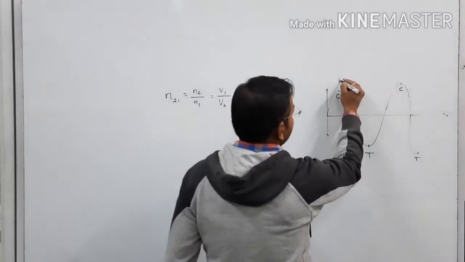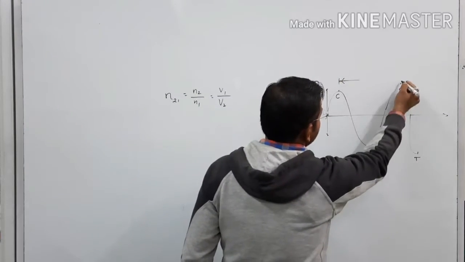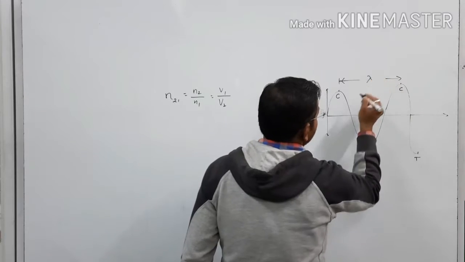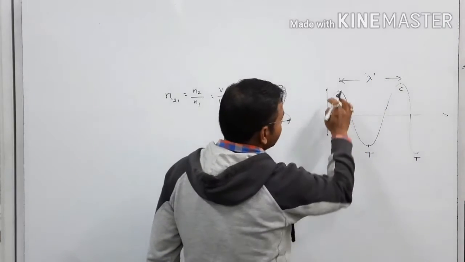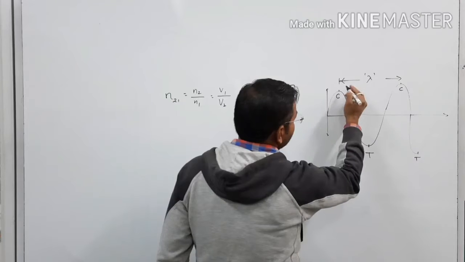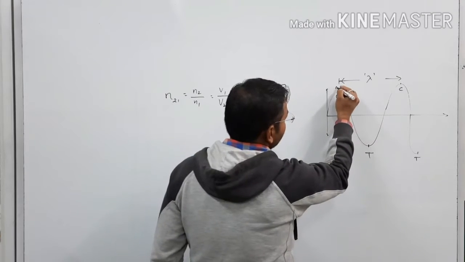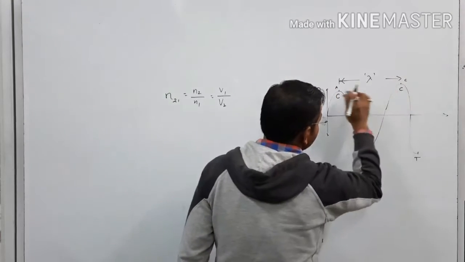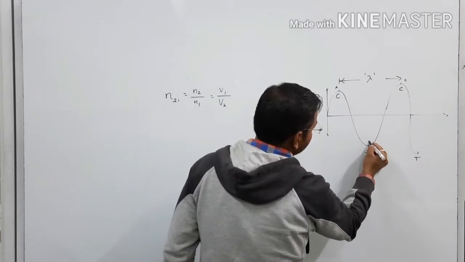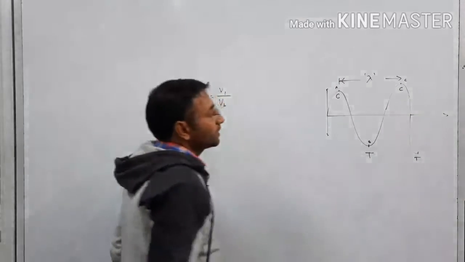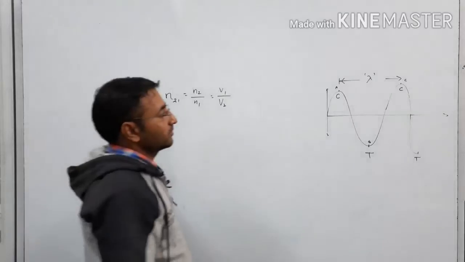The distance between two consecutive or successive crests is called lambda. Point clear? And the time taken to complete one revolution, from this point A to this point C after going through the point B, means ABC is one revolution in this waveform.